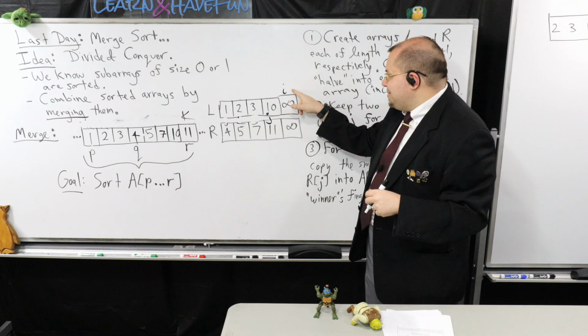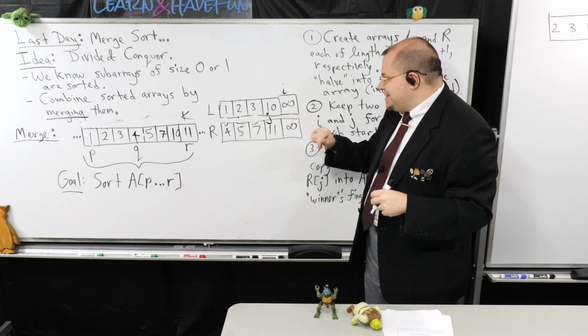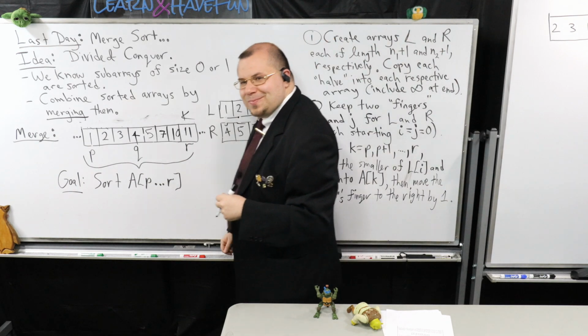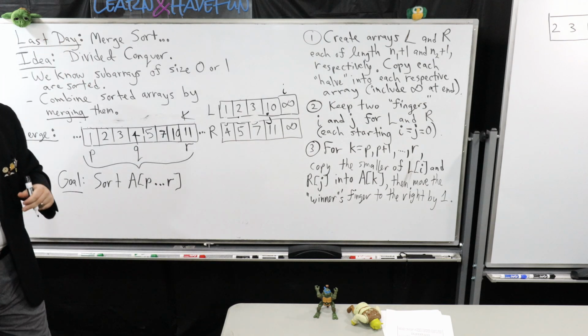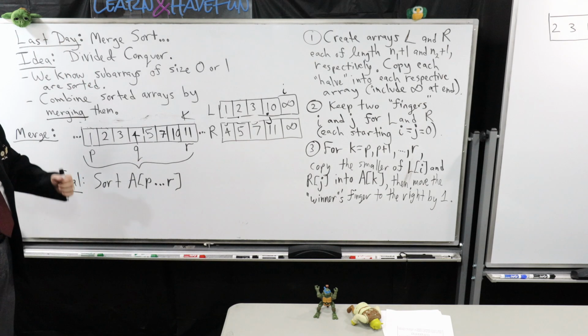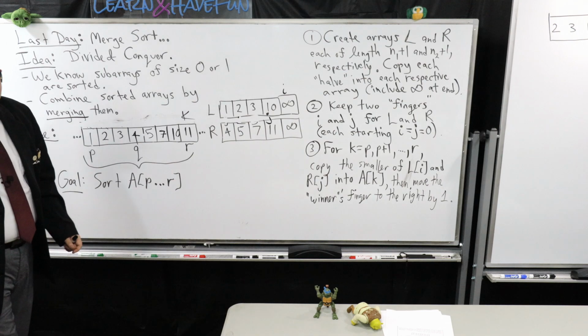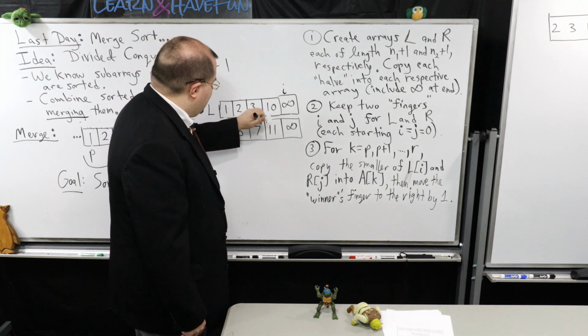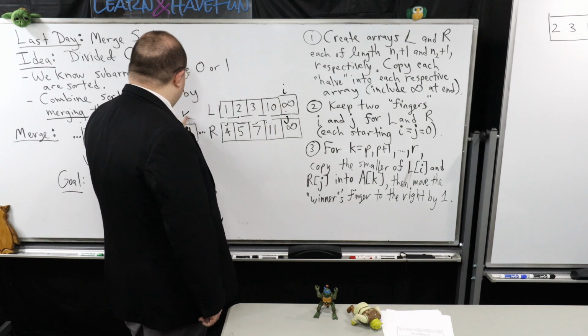So I have infinity versus 11. Which team wins? Which one's the smaller one? Yeah, R this time, right? So I just copy over 11. I move my finger, and boom, we're done.